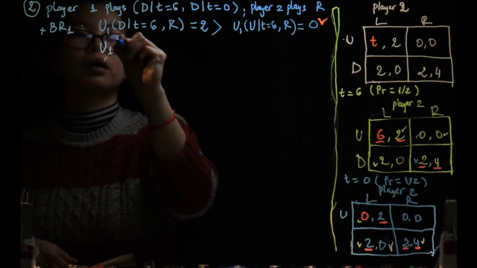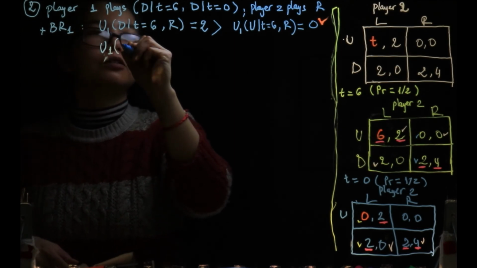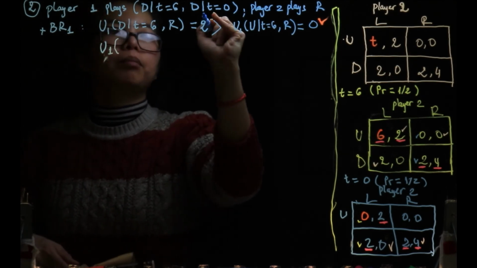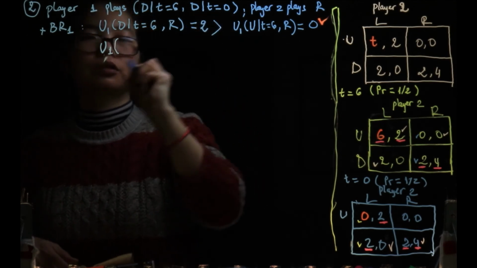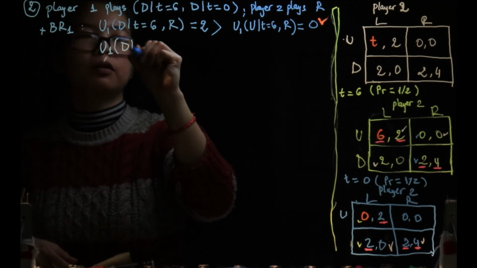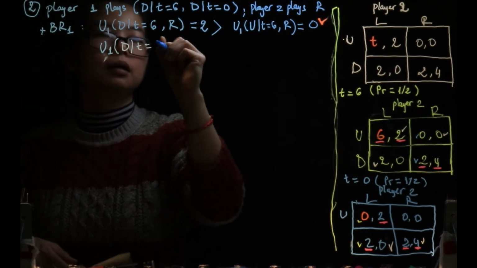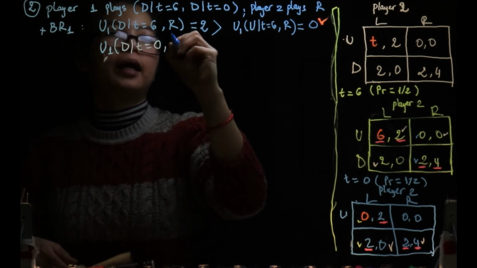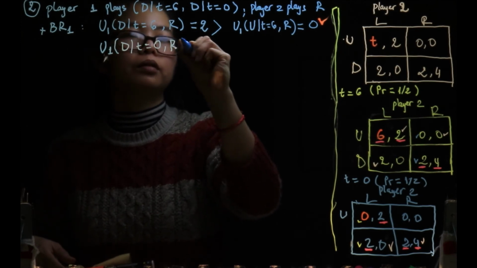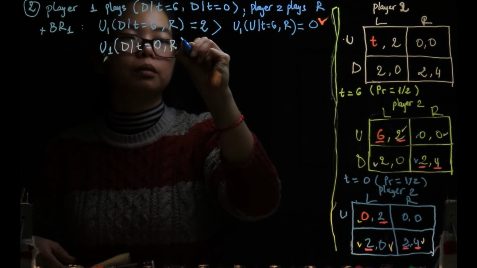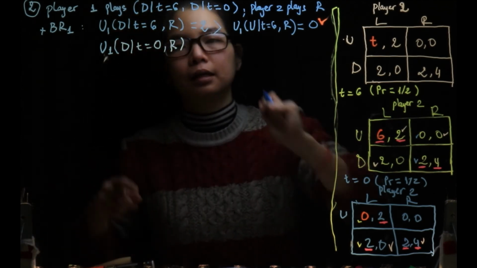We're still with the first player. So the second part of the conditional strategy, t is 0, down. So down when t is 0, against the same strategy of the other player, right? Because we want to check the best response against right.